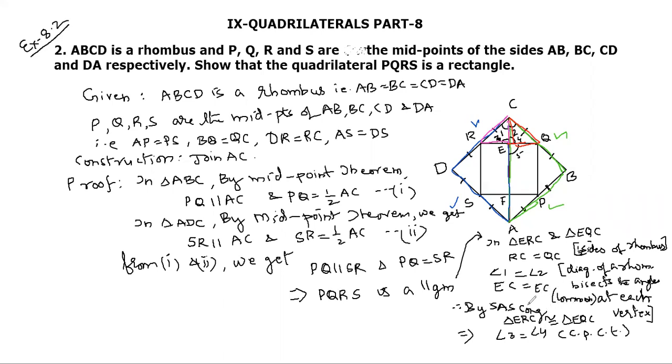Now angle 3 and angle 4 are a linear pair. Angle 3 plus angle 4, since they make a straight line, is equal to 180 degrees. Their sum is 180 degrees because they are a linear pair of angles.